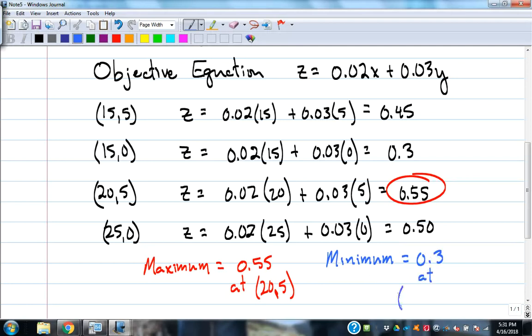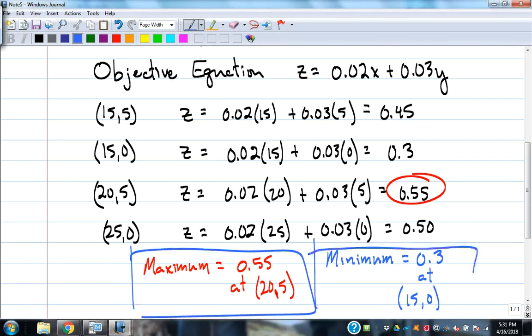At what ordered pair? So whether they ask you to maximize or minimize, that's what you're going to do. Again, I'll give you the graph, the corners, and all that stuff, and the objective equation. And all you've got to do is maximize it or minimize it. Okay. Not a difficult thing.